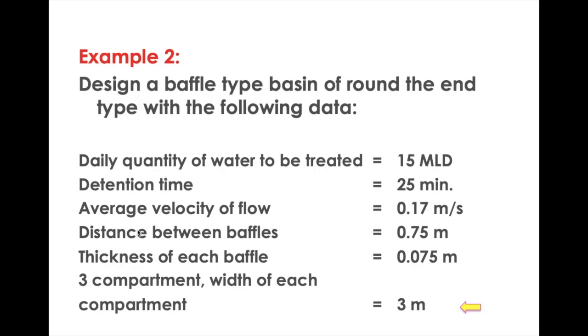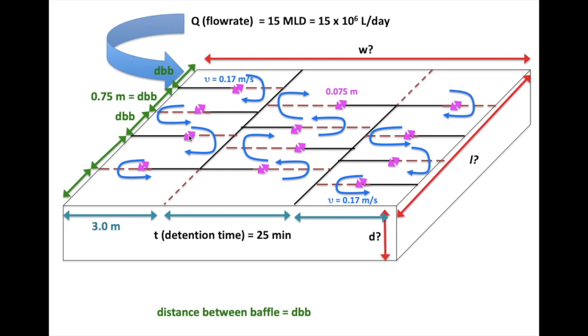This basin or this hydraulic tank has 3 compartments, and each compartment has a width of 3 meters. So we can see we have one compartment, 2 compartments, and 3 compartments. Each compartment has a width of 3 meters.